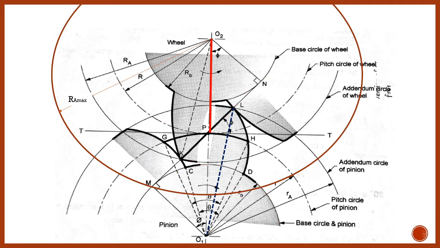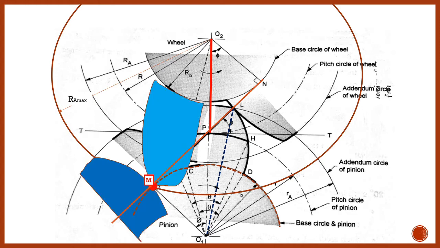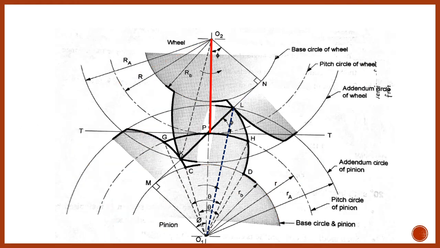This is the point K. Now this is the point M again, and the point of contact between the two meshing gears starts at this location, at the point M. Again you will find this is the involute profile. That means again there will be no interference.